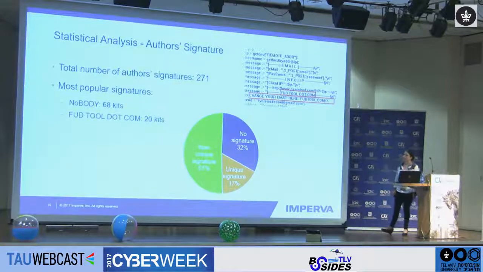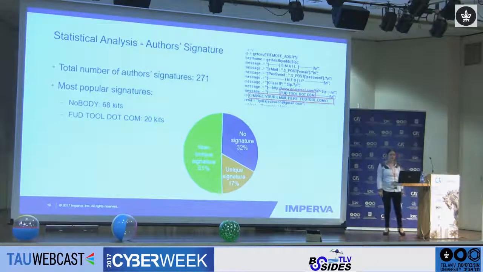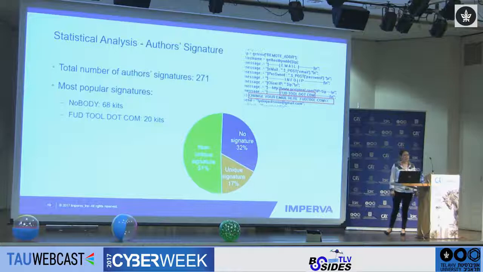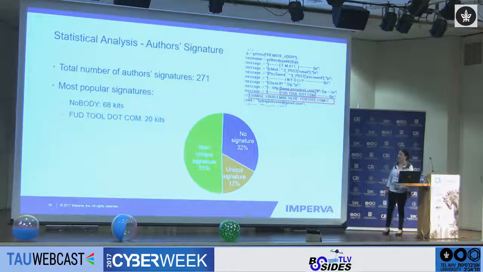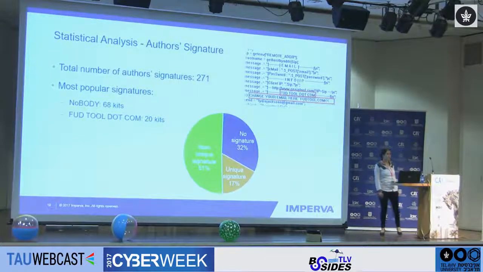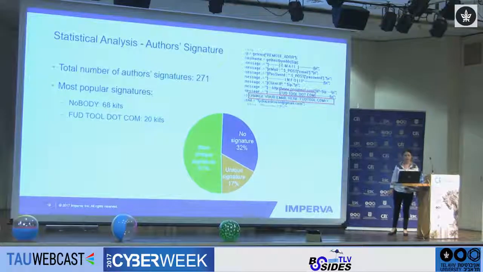The most popular author we see is nobody. It appears in about 7% of kits. The second most popular author is fattool.com, which appears in 2% of our kits.